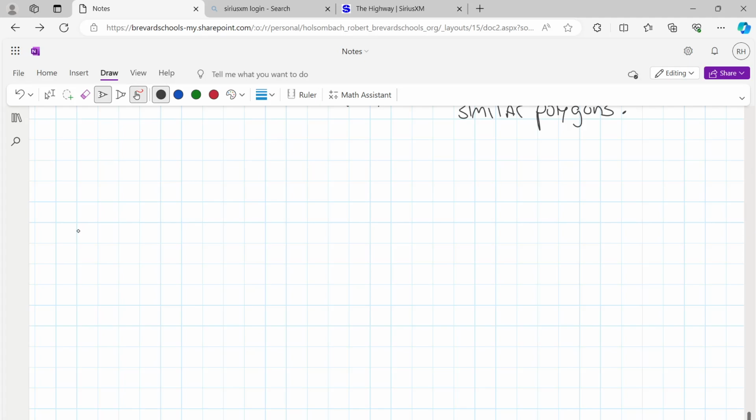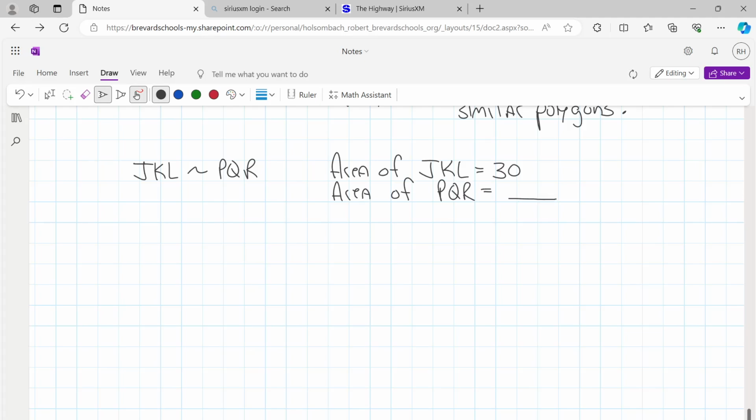And you're told that JKL is similar to PQR. The area of JKL is 30. Find the area of PQR. That's what you're trying to find.